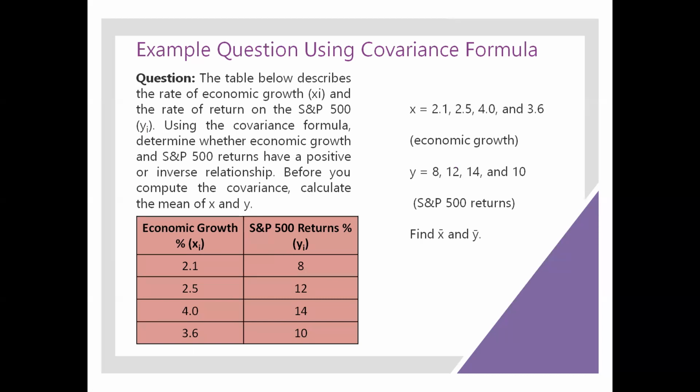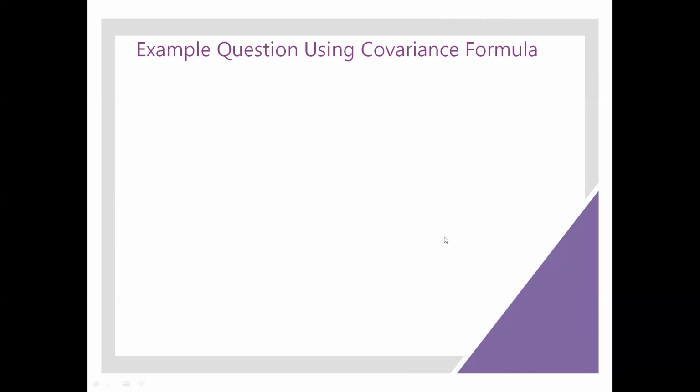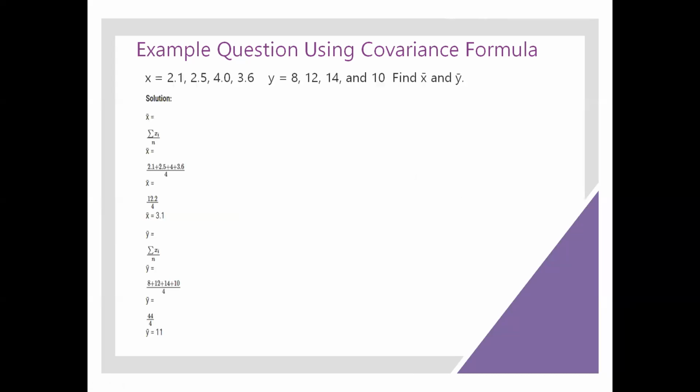Fine. So x is given, y is also given, and I have to find the x mean and y mean. First we find the x mean and then the y mean. We know how to find them: the sum of all values divided by n, and in the same way the sum of all values of y divided by n. So my x mean is 3.1 and my y mean is 11.